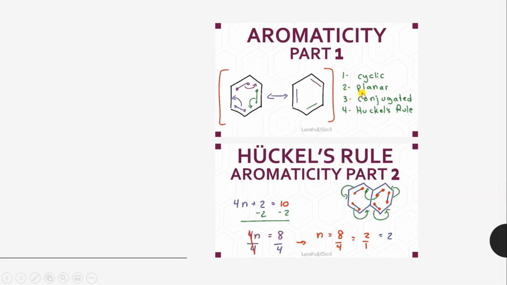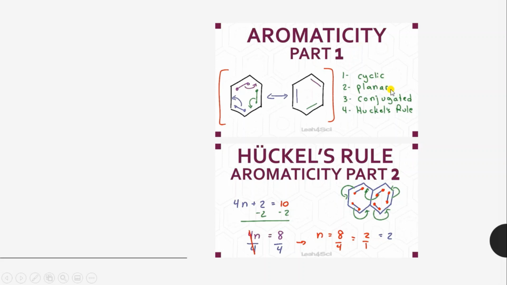The first thing is that they should be cyclic in nature. There will be an alternating conjugated system, alternating single and double bonds. And the third factor responsible for the compound to be called aromatic is planarity.